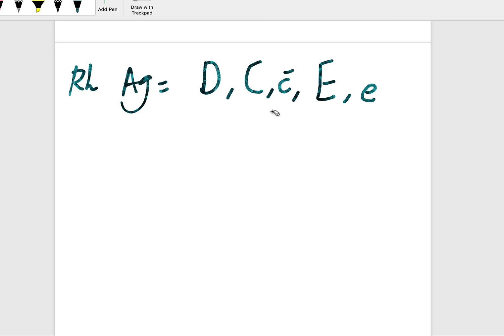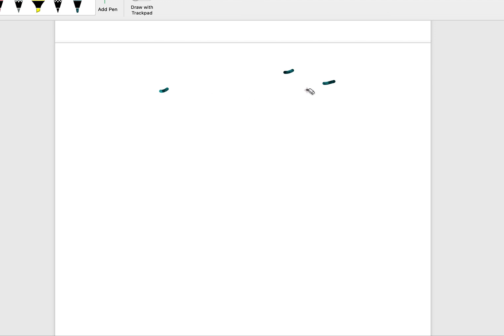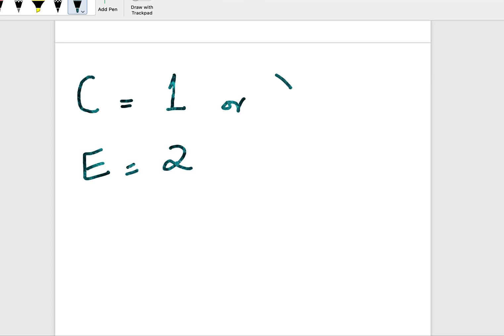What about the other two, C and E? I'll explain it now. So we have C capital. When you have the C capital, you write number 1, or sometimes they write it like -1. When we have an E capital, we'll write number 2, or position number 2.